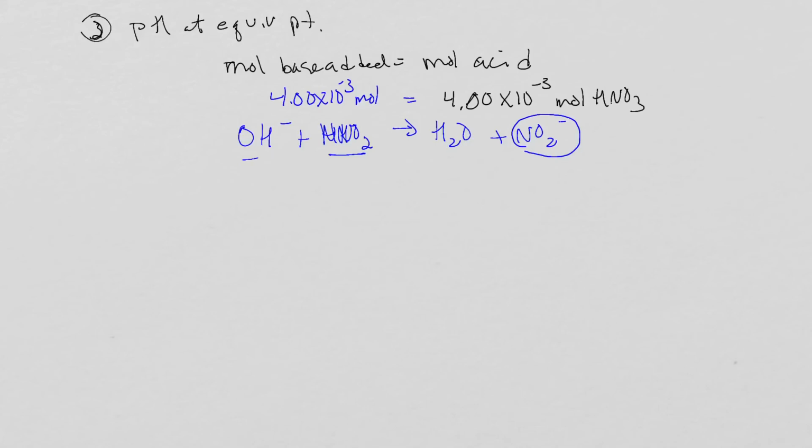So we're going to solve this like a conjugate base equilibrium, and we're simply going to set up an ice table based on the ionization of our weak base, like that.